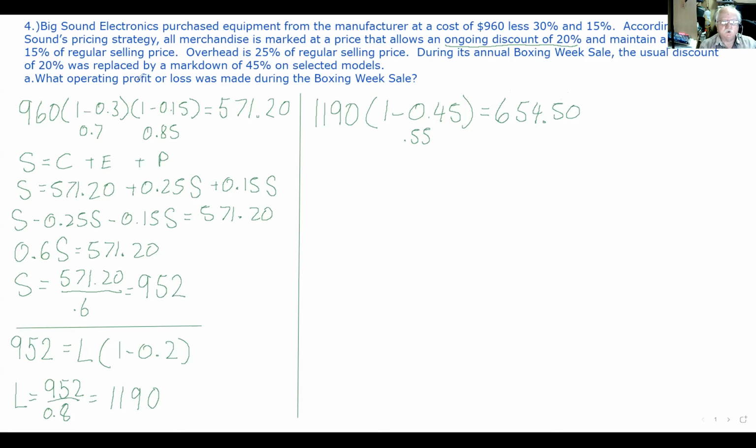Now, what operating profit or loss was made during the Boxing Week sale? We're back to this equation, S equals C plus E plus P. But instead of the regular selling price here, they want us to use the sale price. And the expenses are always based on the regular selling price.